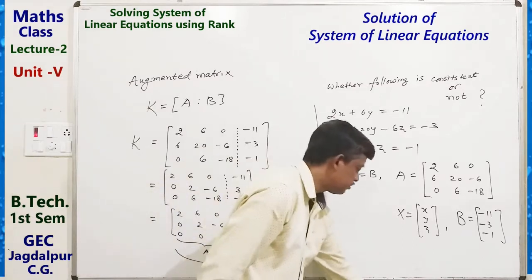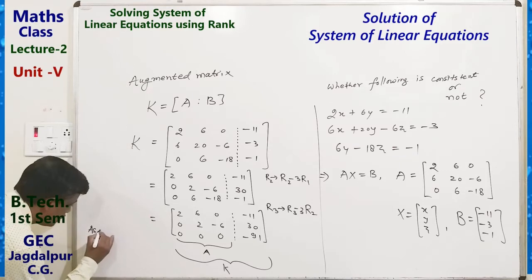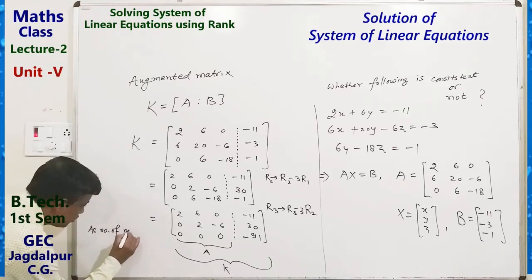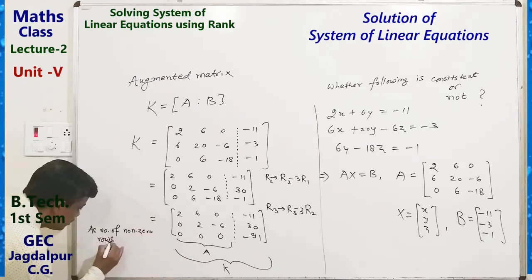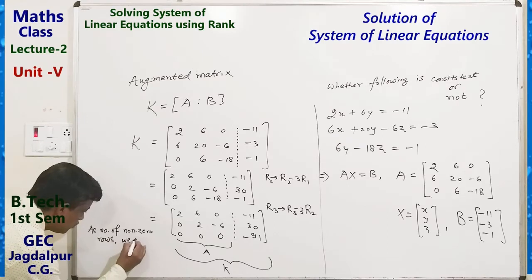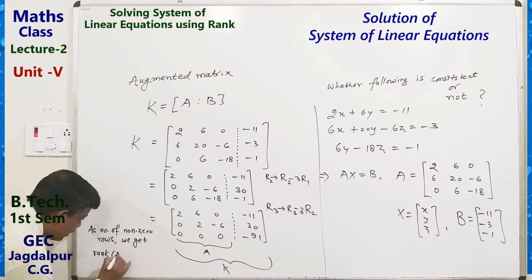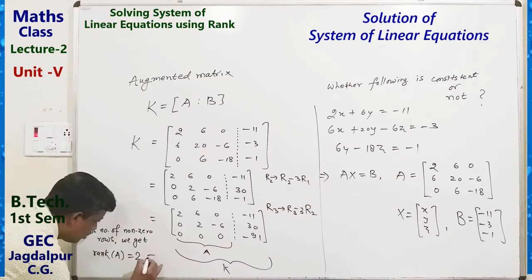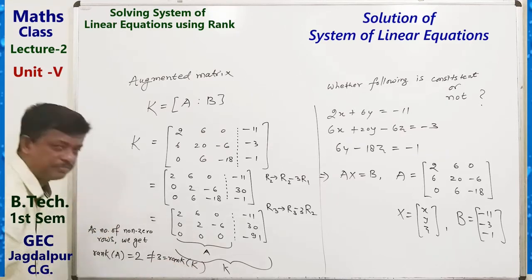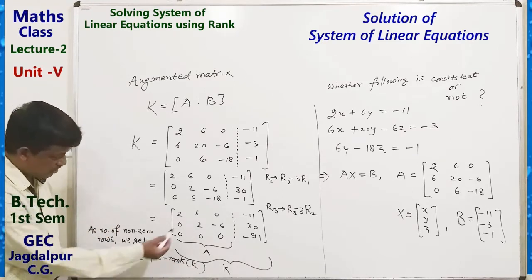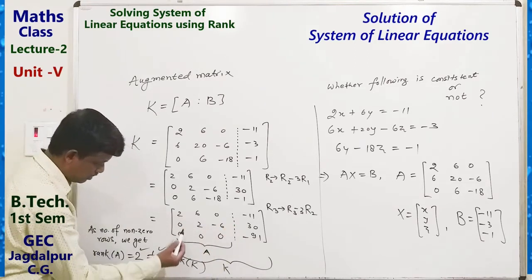So the number of non-zero rows for A is 2, and for K is 3. So we get rank A equals 2, not equal to 3, rank K, because its rank is 2 and its total rank is 3.